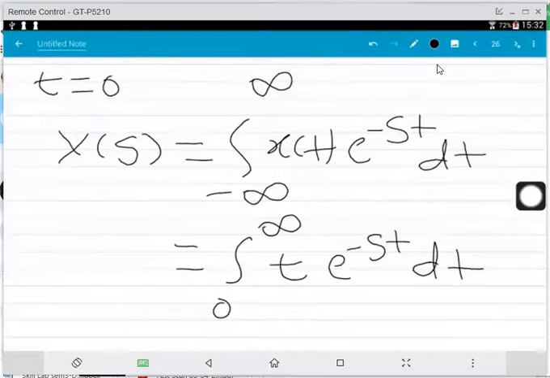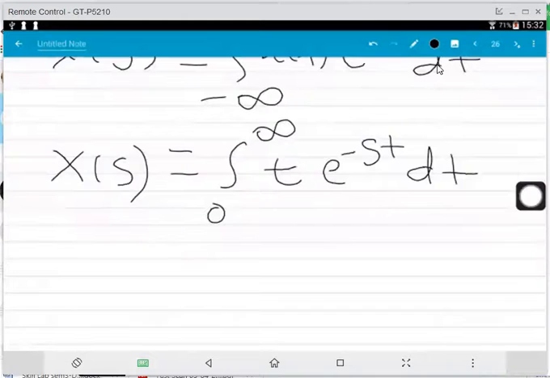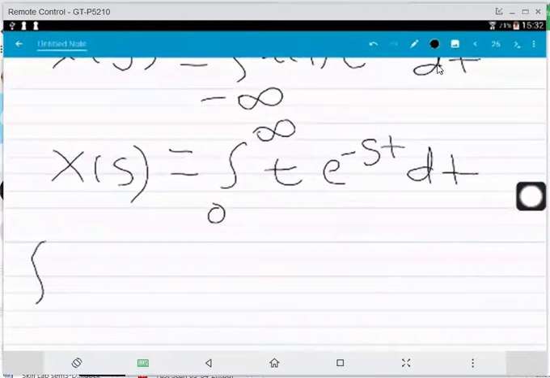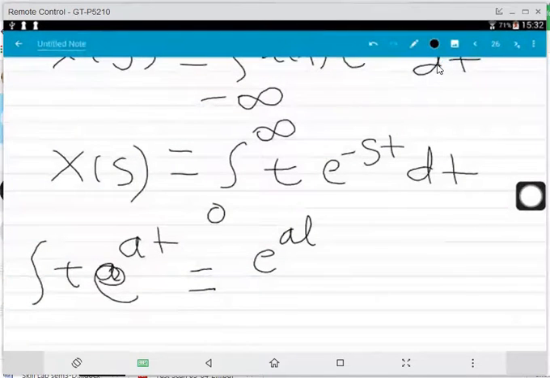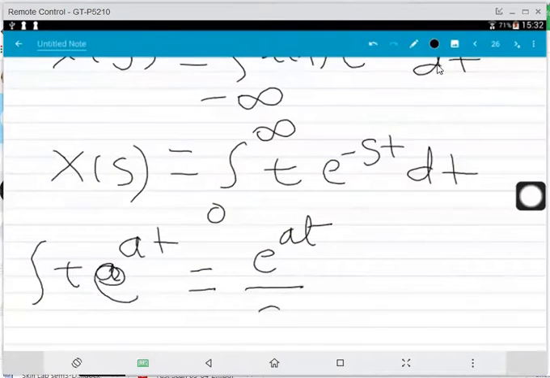Now we have to find this integration, and we can find it by the standard formula, that is the integration of t into e to the power at is equal to e to the power at divided by a square, in brackets, at minus 1.